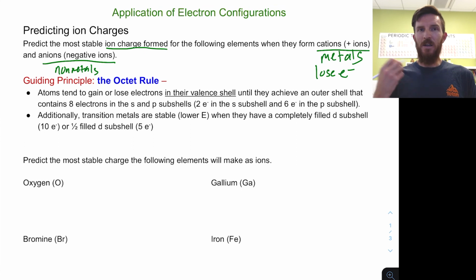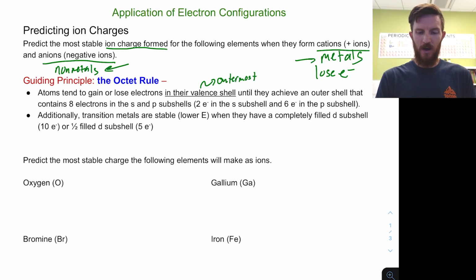This is a guiding principle that helps us understand what kinds of charges different elements may make. The first thing we need to know is that atoms tend to gain or lose electrons in their valence shell, depending on whether they are metal or non-metal. This is why valence electrons are so important. Why the valence shell?